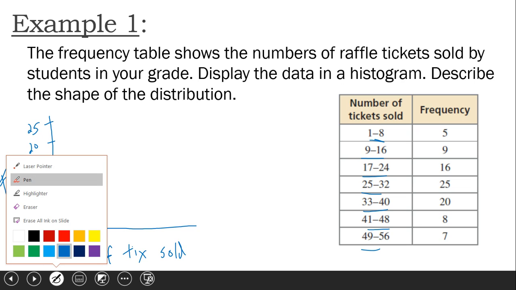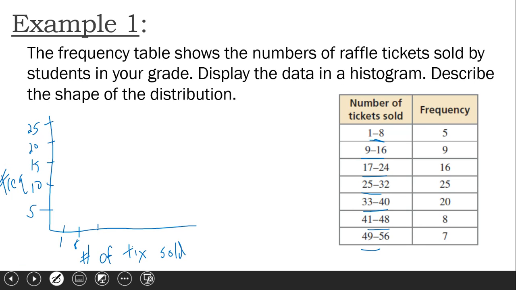Actually, I'm going to do it like this: 16, 24, 32, I'm just using the second value, 40, 48, and then 56.